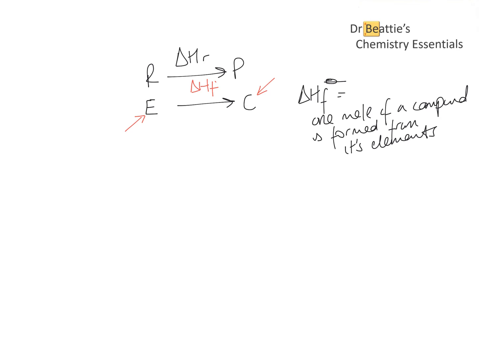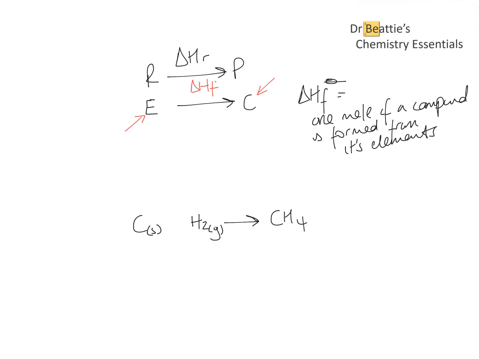An example being the compound methane. So this is a compound because there's more than one type of element in there. And so the elements that methane is made up of are carbon, which will be in its most standard state, which is chosen as graphite, and hydrogen, which is a gas under standard conditions.